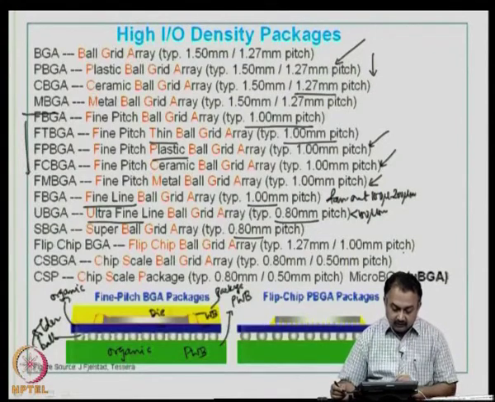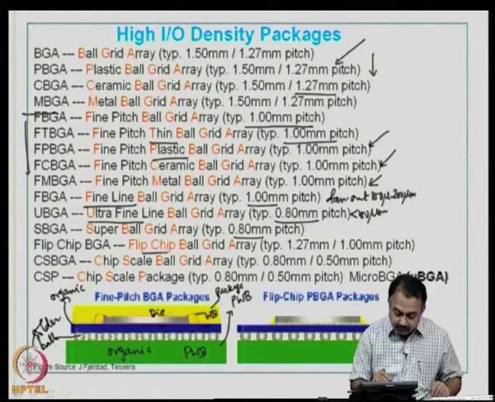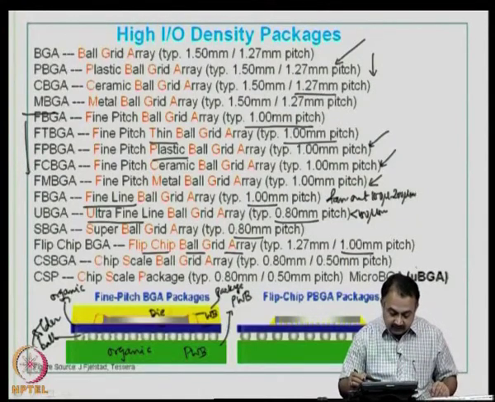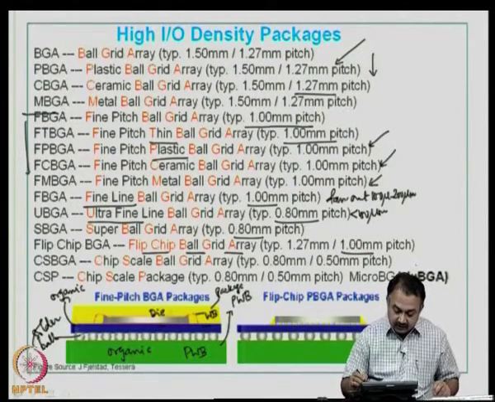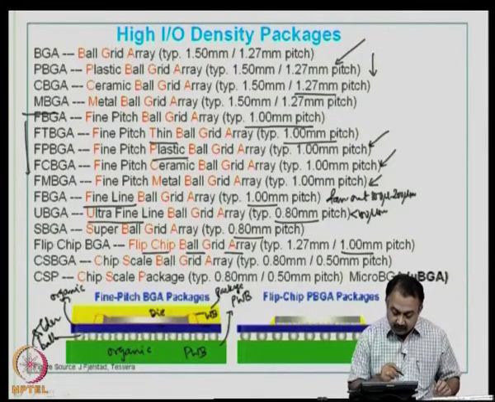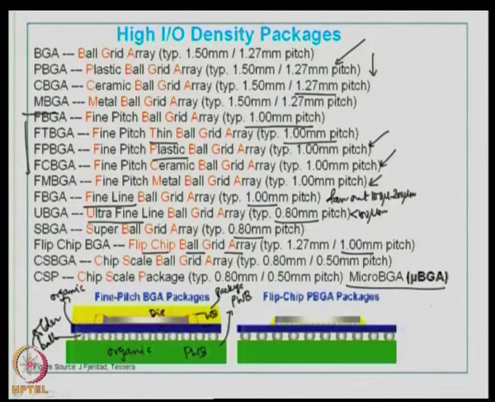Then this is a very common terminology, FCBGA, flip chip ball grid array, and pitches are 1 mm downwards. Then you have CSBGA, which is chip size ball grid array, and chip scale package, CSP, which is also known as micro BGA.